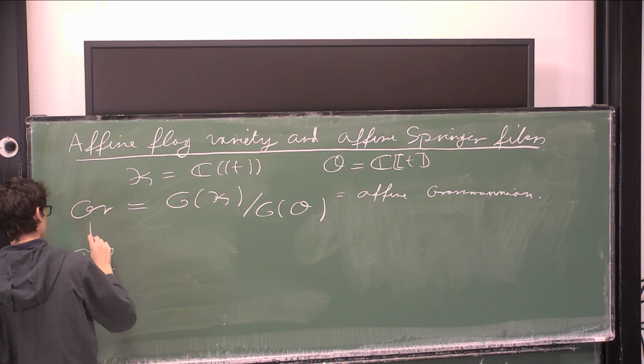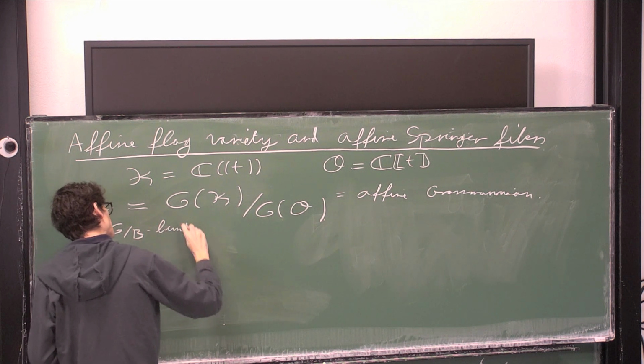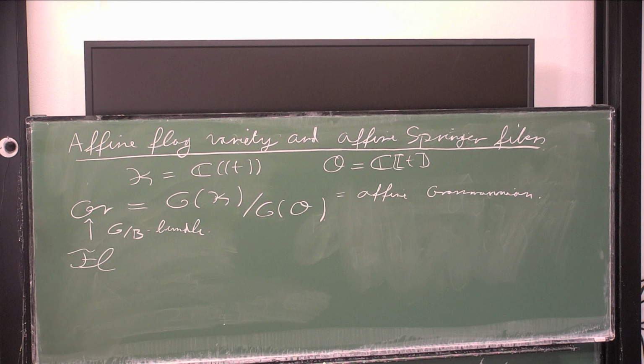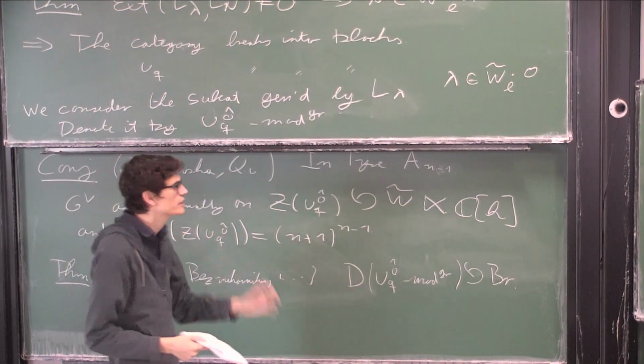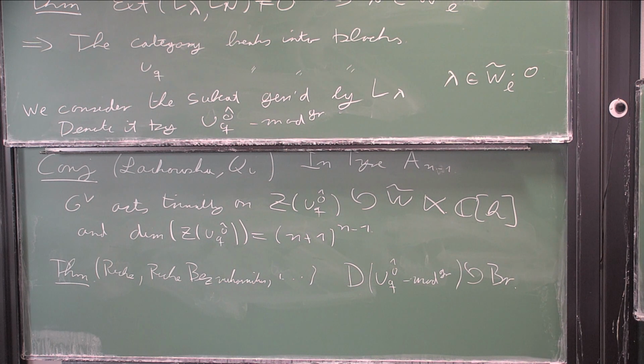And the affine flag variety is some G mod B bundle, some finite flag variety bundle over this infinite dimensional affine Grassmannian.